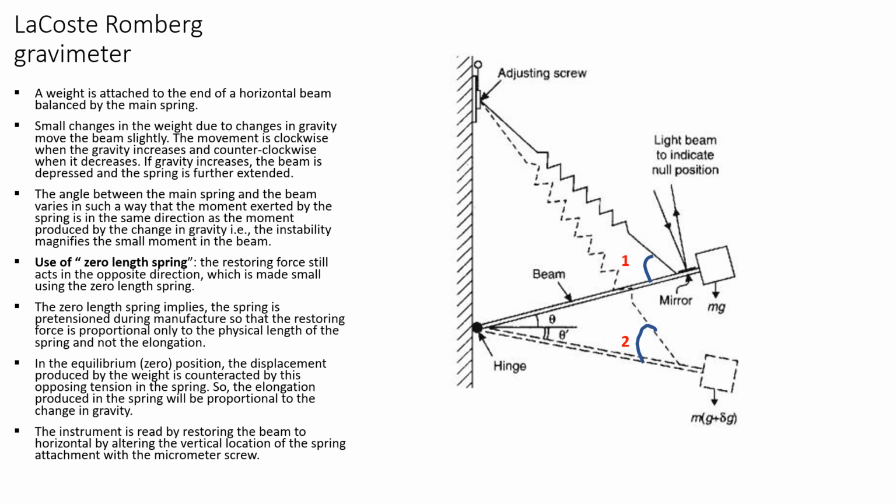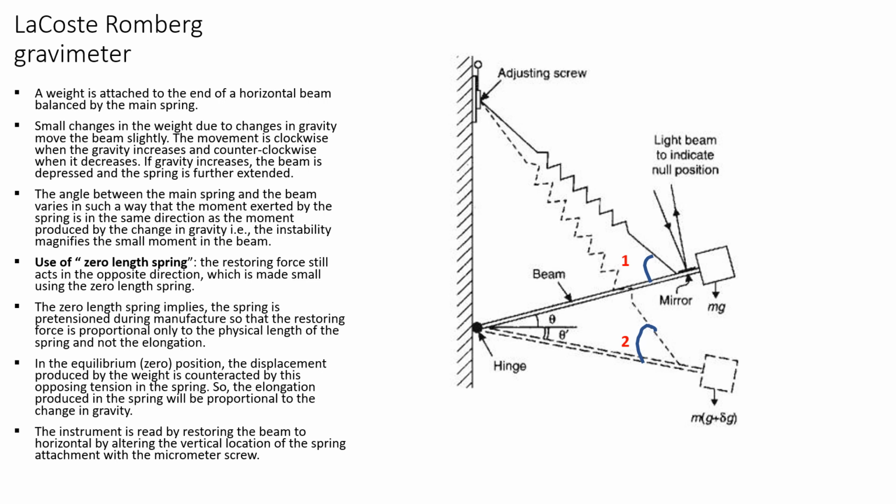So small changes in the weight, because of small changes in the gravity, move the beam. So if the weight increases, the movement is clockwise, and counterclockwise when the weight decreases. If the weight increases, the beam is depressed and the spring is further extended.